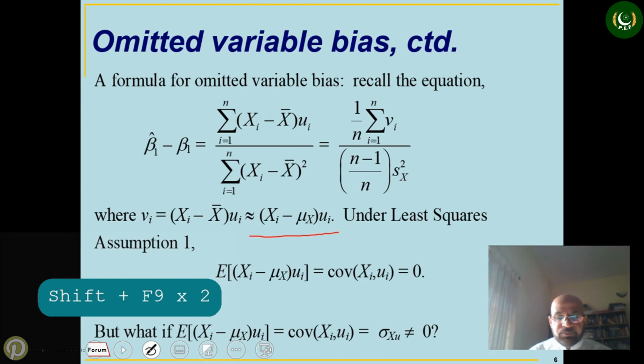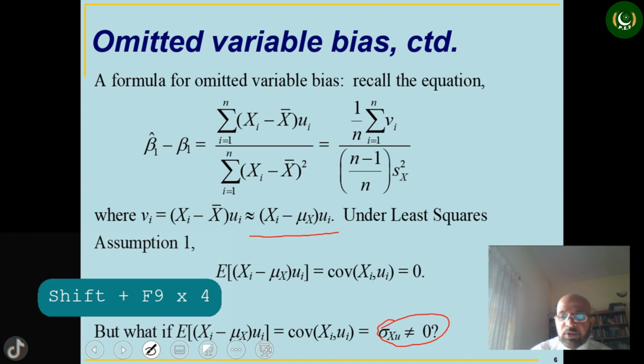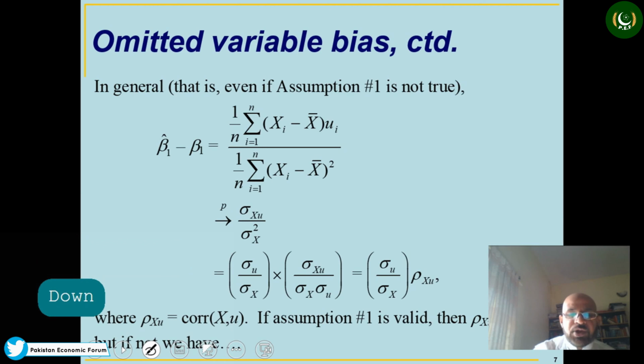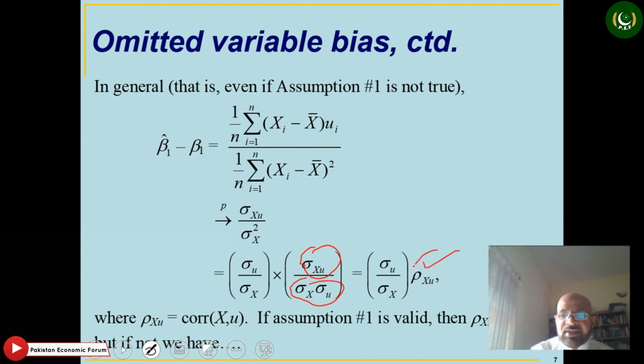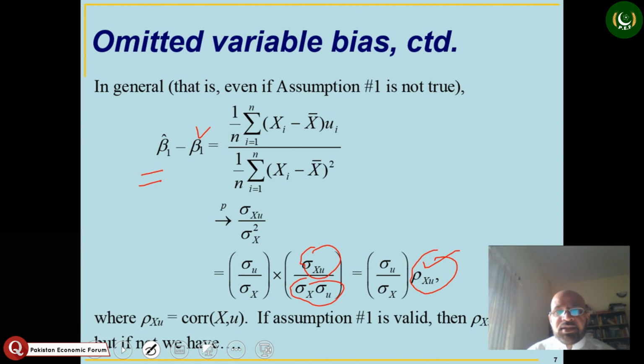If they are correlated, it means sigma ux will not be equal to 0. If you solve it, this is sigma xu over sigma square x, and by a little manipulation, this will be rho xu. If x and u are correlated, the expected value of beta 1 hat will not be equal to beta 1, so the OLS estimator will be biased.